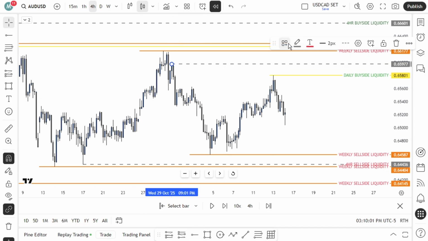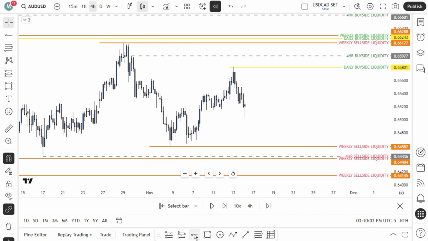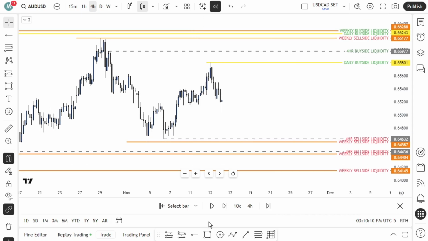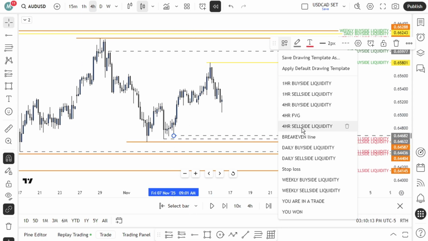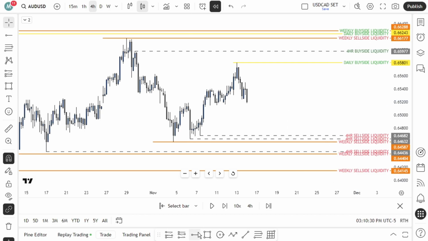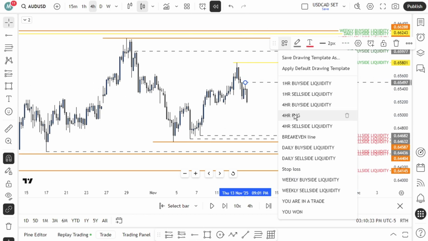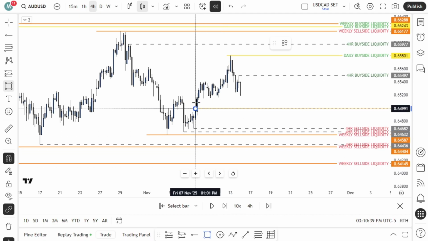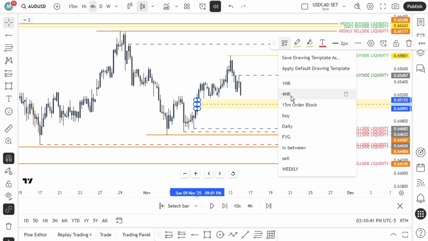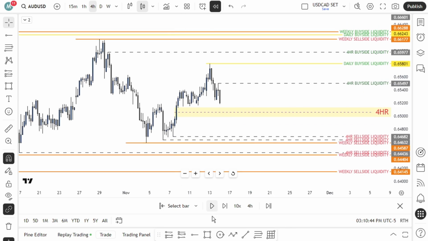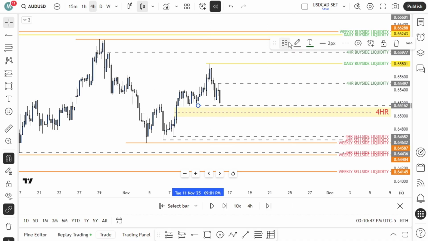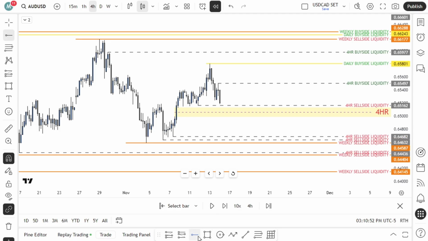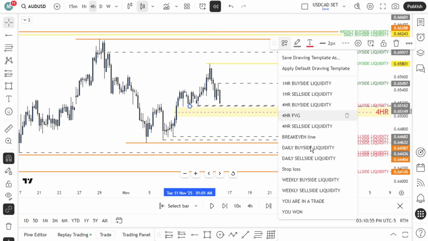You have one for our buy side here as well. You have one for our buy side here. We have a fair value gap here. We have one for our sell side here. And one here as well.